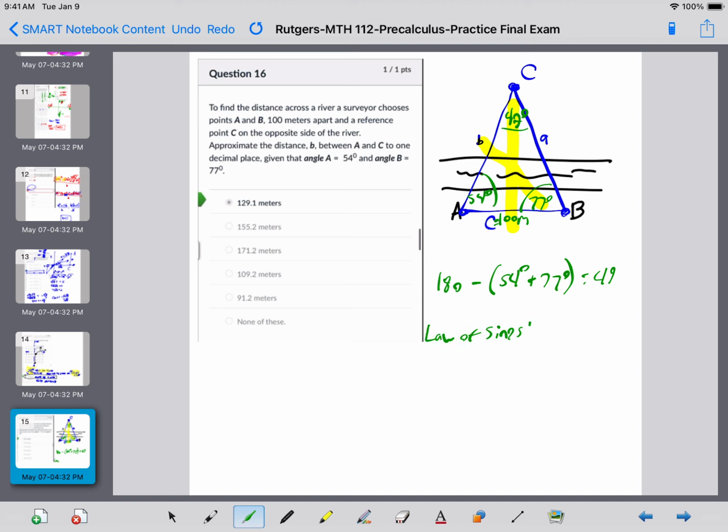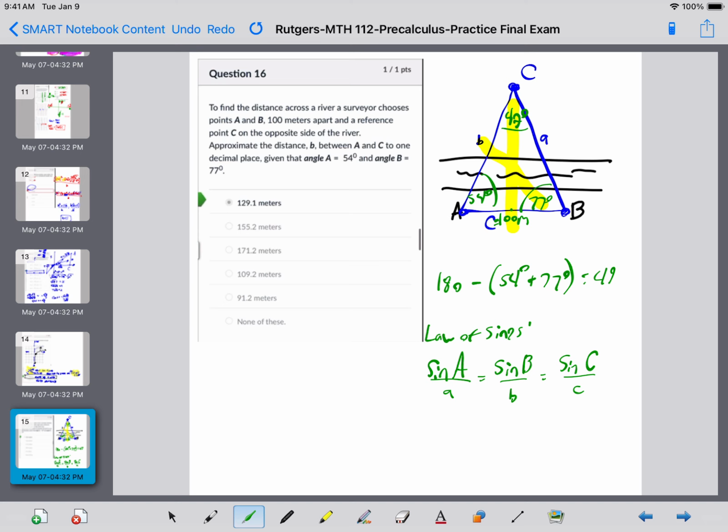The law of sines is sine of A over A is equal to sine of B over B equal to sine of C over C. You just need 3 pieces of that information. You need 2 angles and a side, or you need 2 sides and 1 angle. And obviously they have to be corresponding.